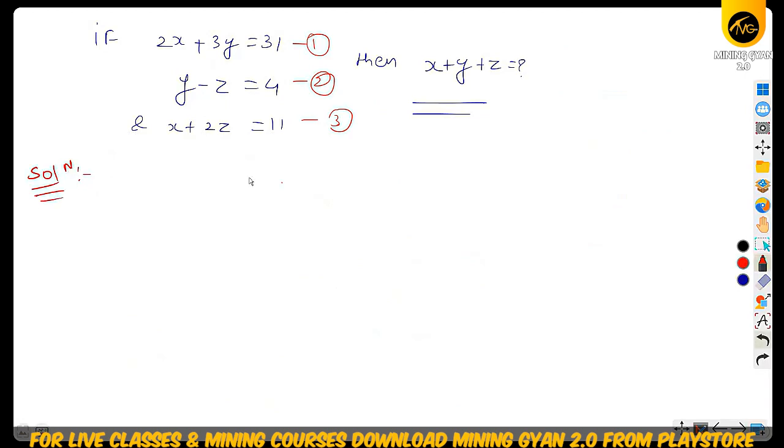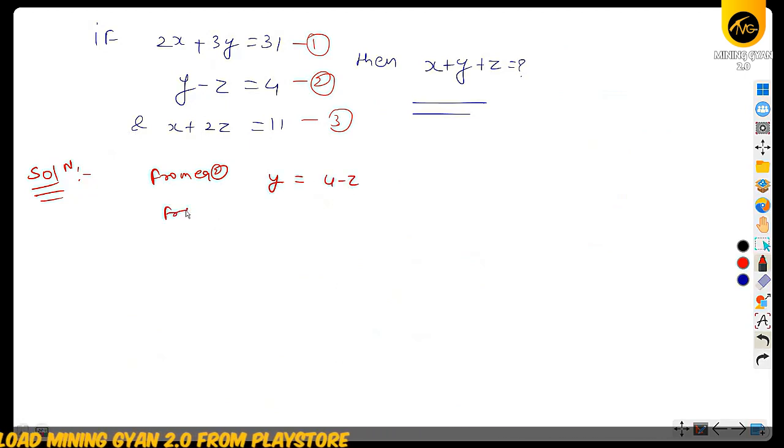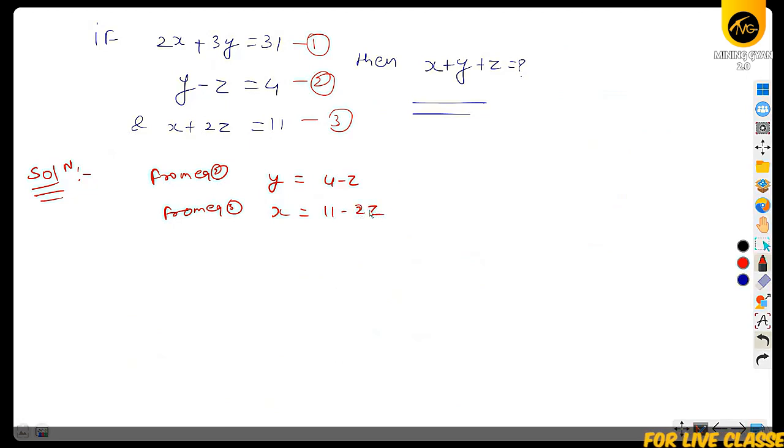You can use the logic from equation number 2, y is equal to 4 minus z, or from equation number 3, you can use x is equal to 11 minus 2z.